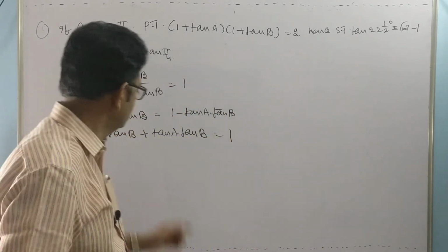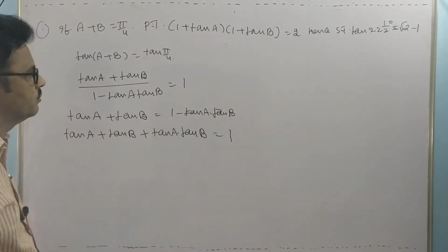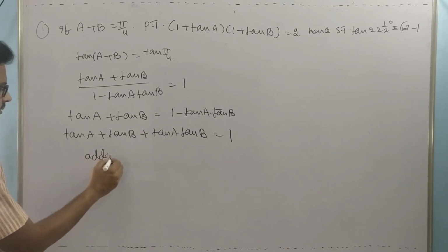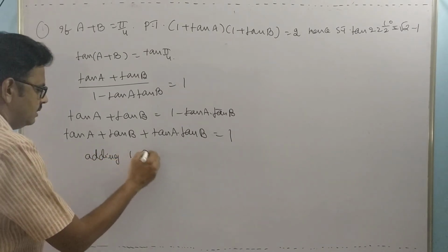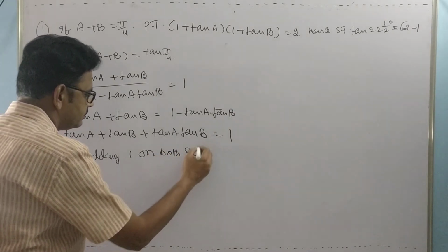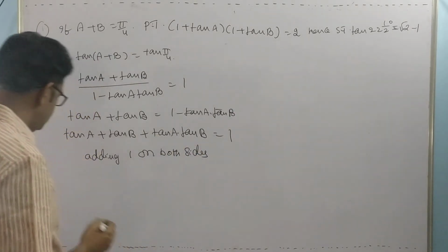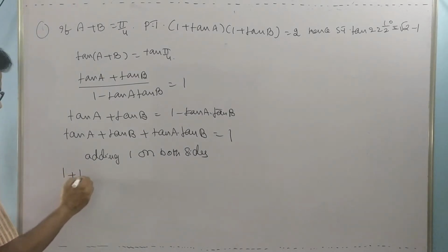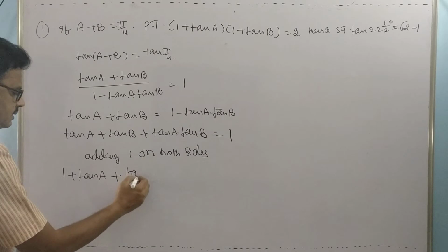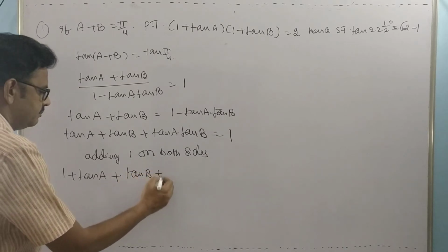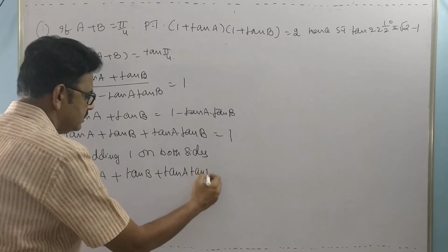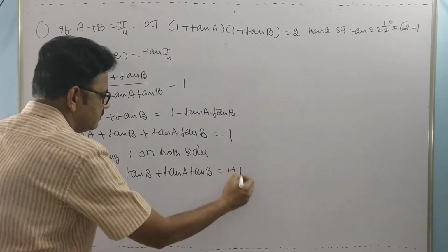Okay, now we are adding 1 on both sides. This side I am adding 1: 1 plus tan a plus tan b plus tan a into tan b is equal to 1 plus 1.